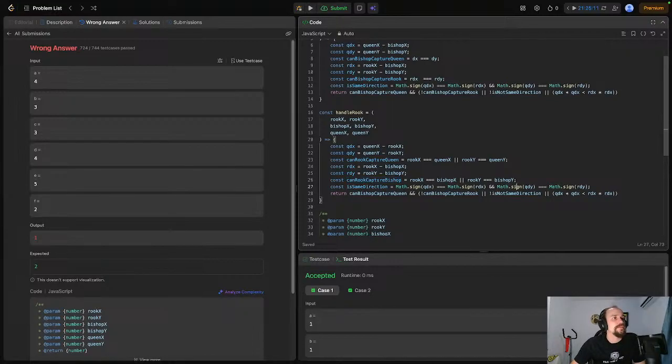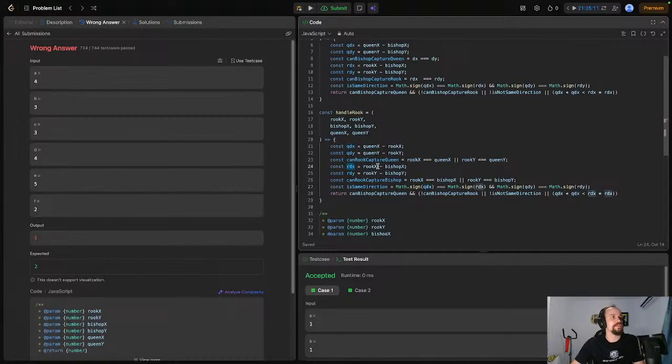So we first determine if they're capturable. They're capturable if they're in the same rank or file. And then are they in the same direction? Maybe we do need dx and dy. The only problem is that they could be 0.